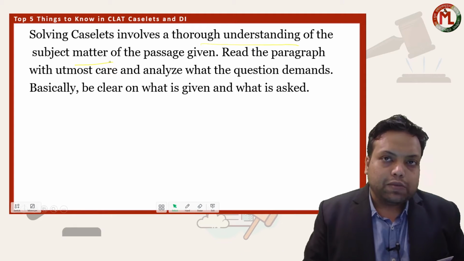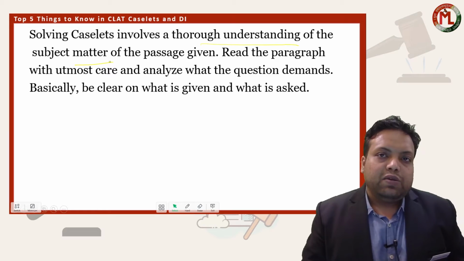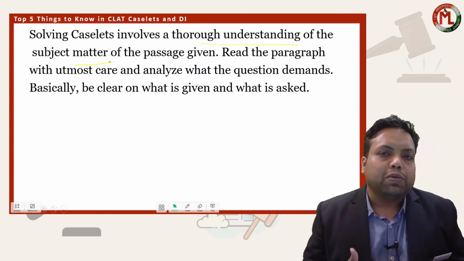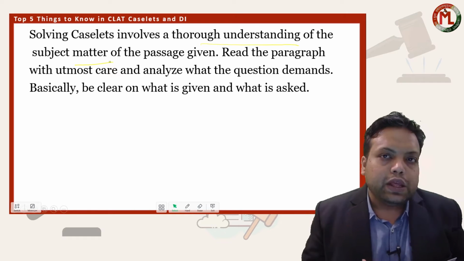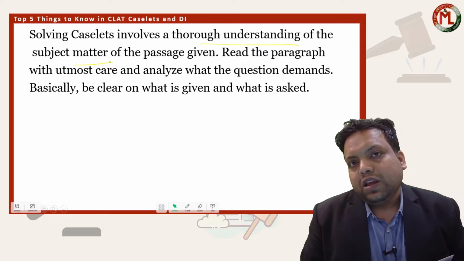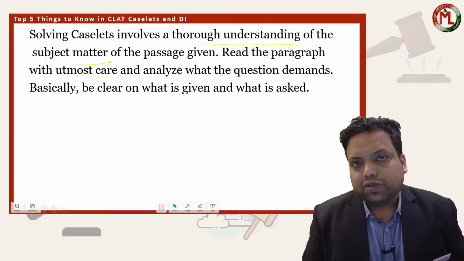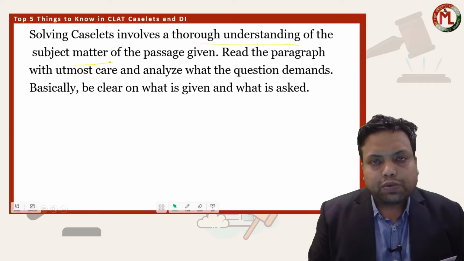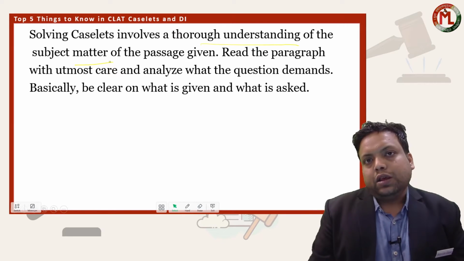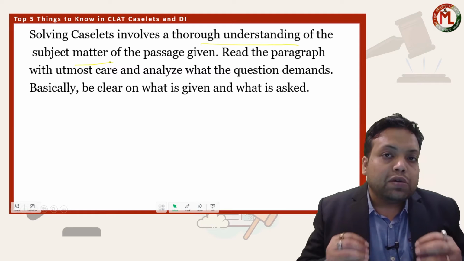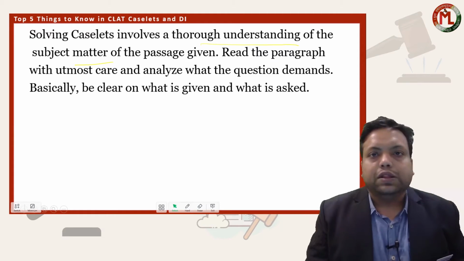That is not a good habit, because you can only develop a command over a chapter when you solve a lot of problems on it, and ultimately you have to solve one liners, isn't it? So avoiding those problems is not a good thing. What I would rather suggest is to solve at least 20 to 30 problems from each chapter, so that it sinks deep into your mind what the concepts are and how they are applied in this chapter.